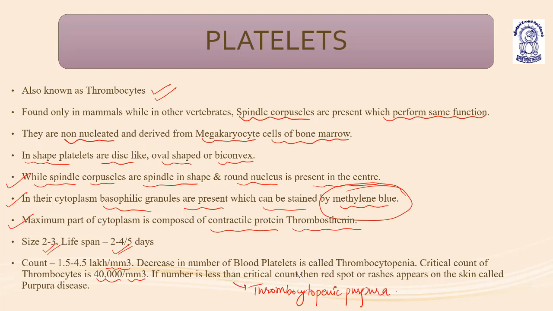In this disease, because of a very low amount of platelets, even a very small trauma or pressure can cause bleeding. Red spots or rashes appear on the skin, called purpura disease.